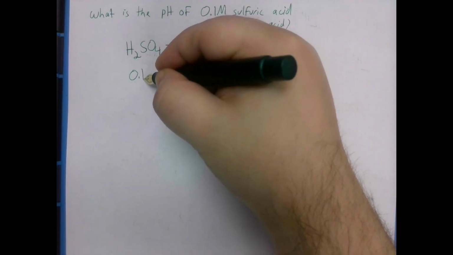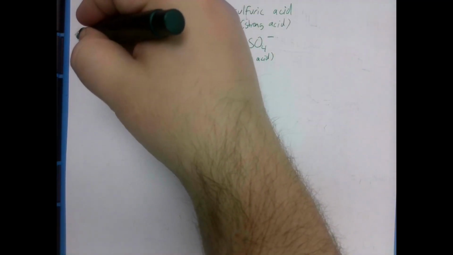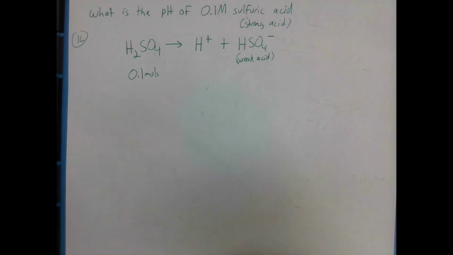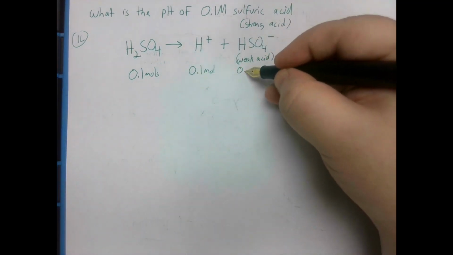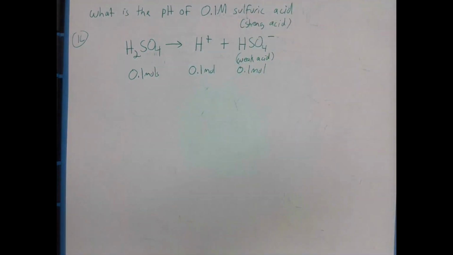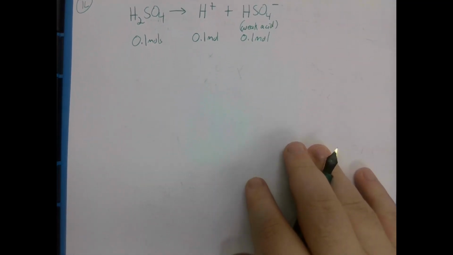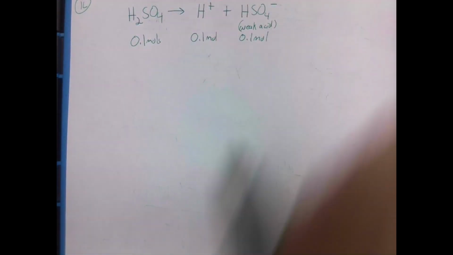So if we're starting out with 0.1 moles of this, again, we'll assume for brevity we have 1 milliliter. Then when this breaks apart, we'll end up with 0.1 mole of this and 0.1 mole of this. So it's a 1 to 1 to 1 ratio.